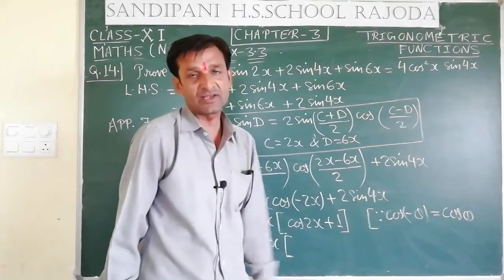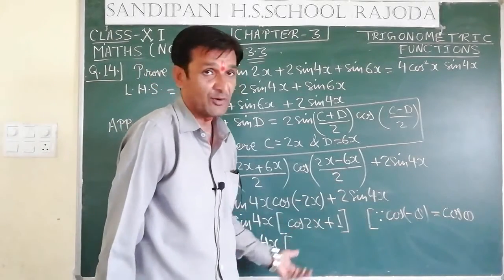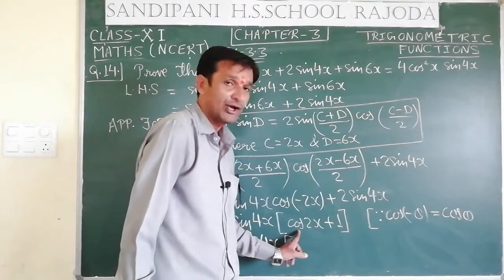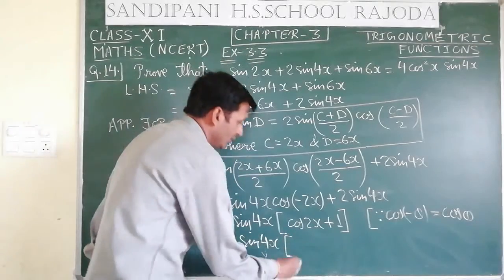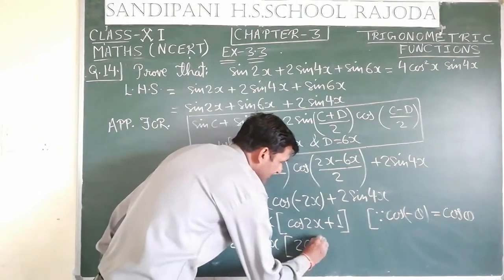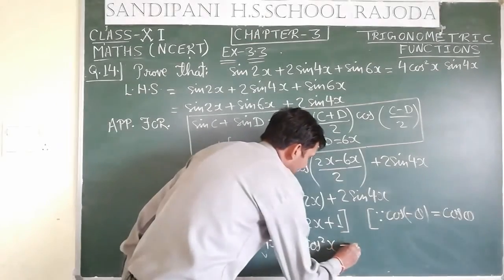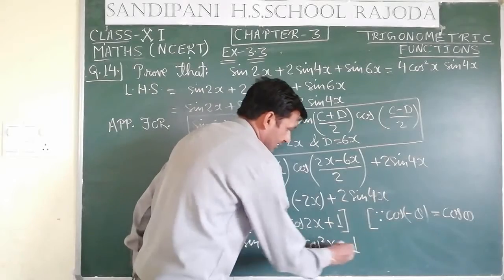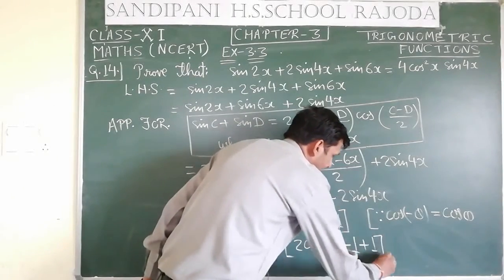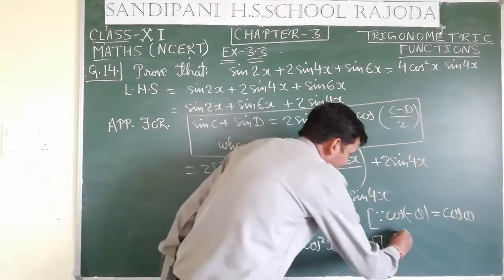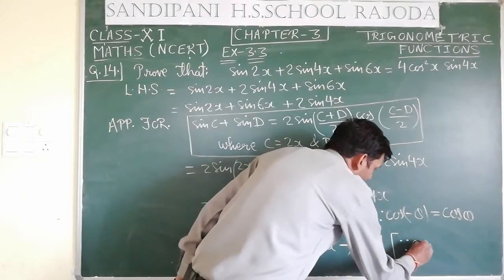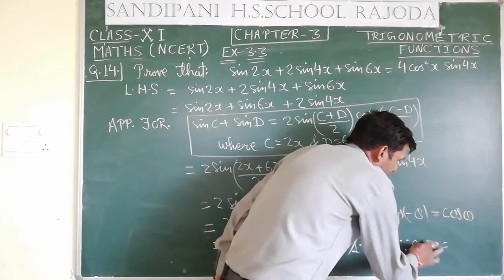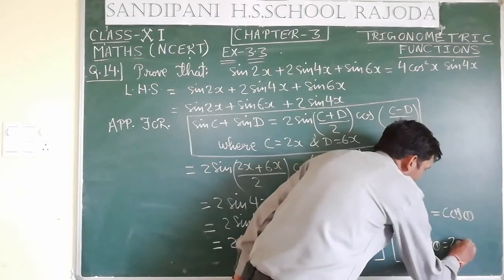One formula is 1 minus 2 sin square x, but there 1 is positive, this 1 will not be cancelled, means negative 1 is required. That is why we are applying here 2 cos square x minus 1. So it will be 2 cos square x minus 1 for this cos 2x. Now, plus 1 is also there, this positive 1 and negative 1 will be cancelled. Applied formula is cos 2 theta is equal to 2 cos square theta minus 1.